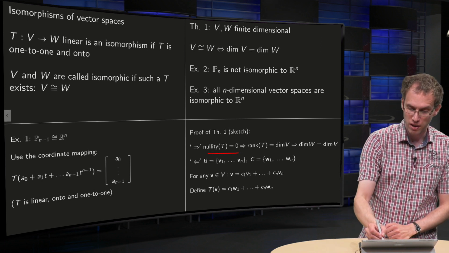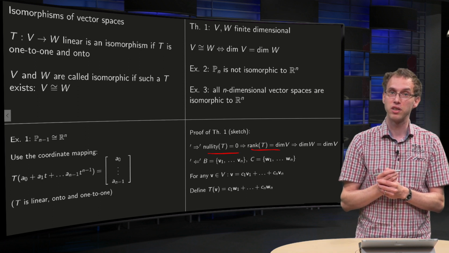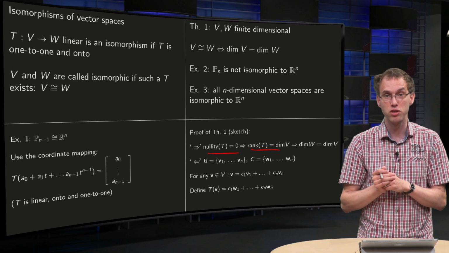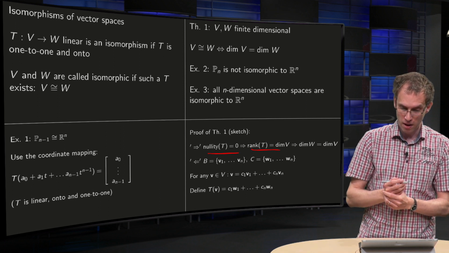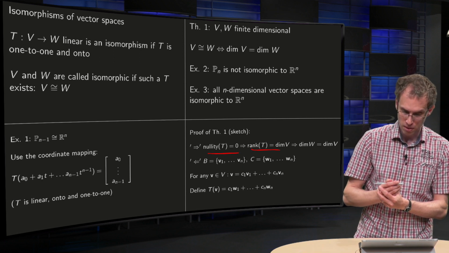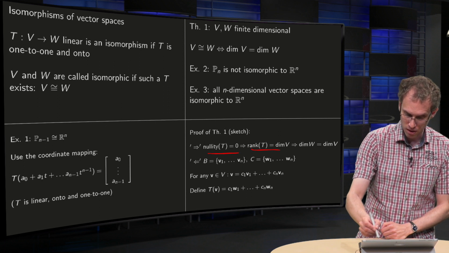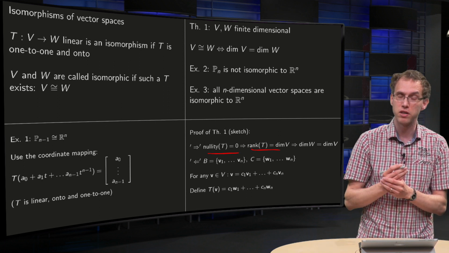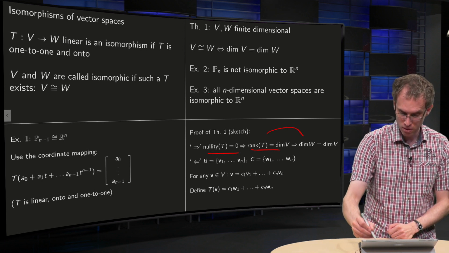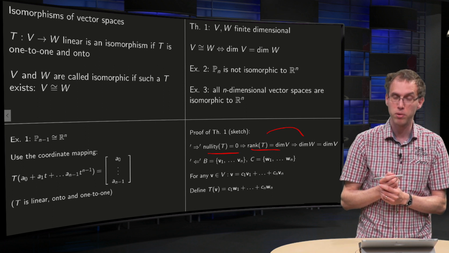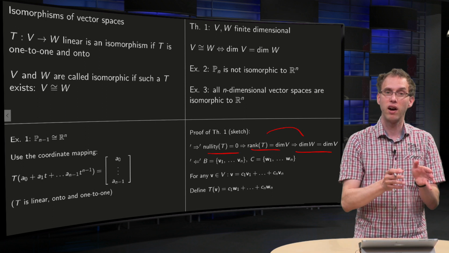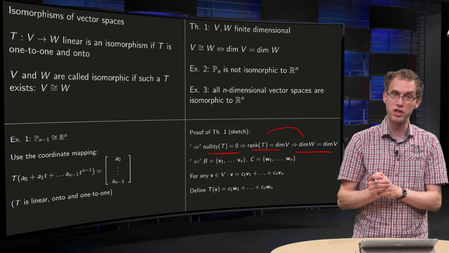So the rank of T equals the dimension of V minus the nullity, so the dimension of V. And the rank of T is also the same as the dimension of W, because you are onto. So those are the same. Rank of T equals the dimension of W equals the dimension of V. So if they are isomorphic, then the dimensions are the same.